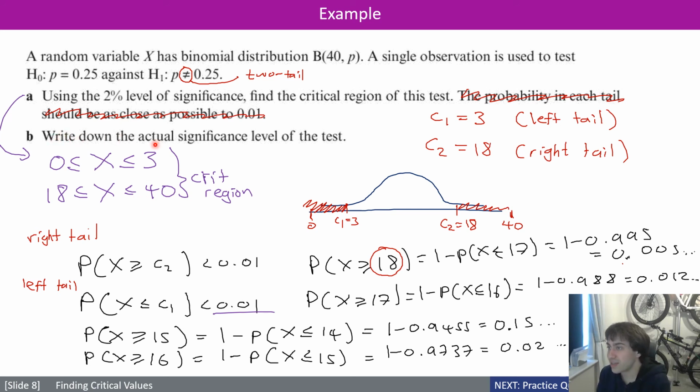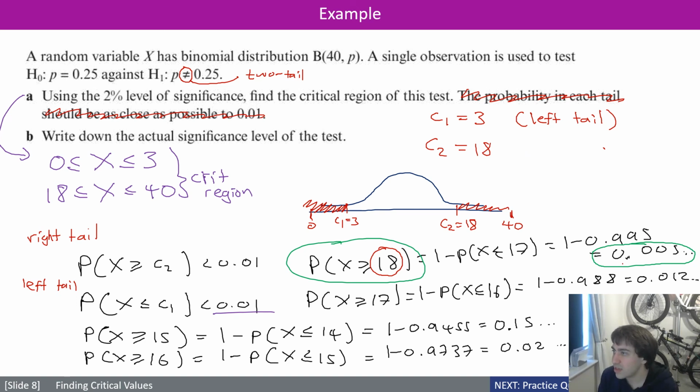Finally, write down the actual significance level of the test, right? What we're going to do is find the probabilities of these 2 regions, but we've basically done that, haven't we? The probability of it being greater than or equal to 18, our critical value, was this 0.005 number, and the probability of it being less than or equal to 3, I've lost that now, but we can work that out again.